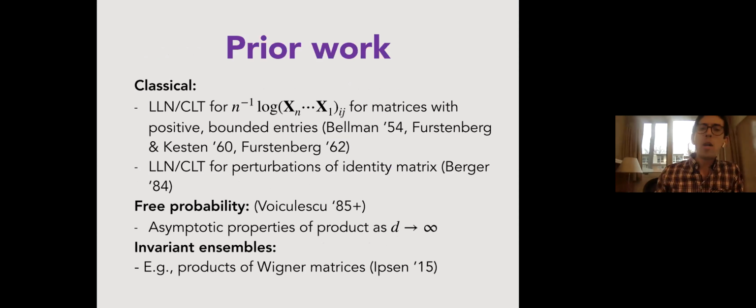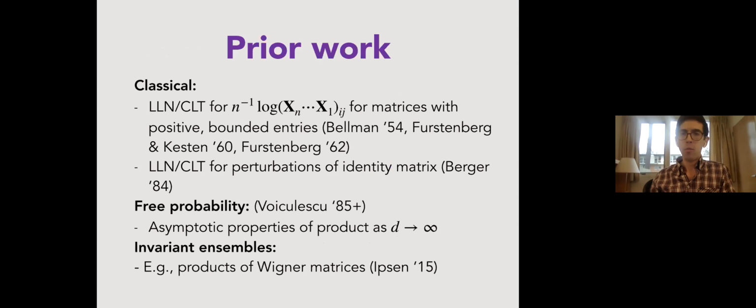So let me tell you a little bit about what's known about questions of this type before I tell you about some more recent work and our results. Products of random matrices have been studied classically, and people have results showing what the large behavior of products of random matrices should be. The earliest work in this vein is from the 50s and 60s, and it considers products of IID random matrices whose entries are positive and bounded away from 0 and infinity.